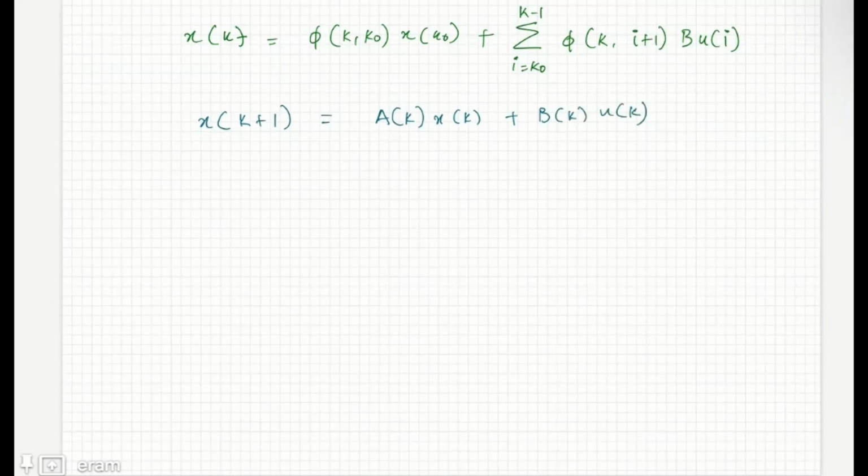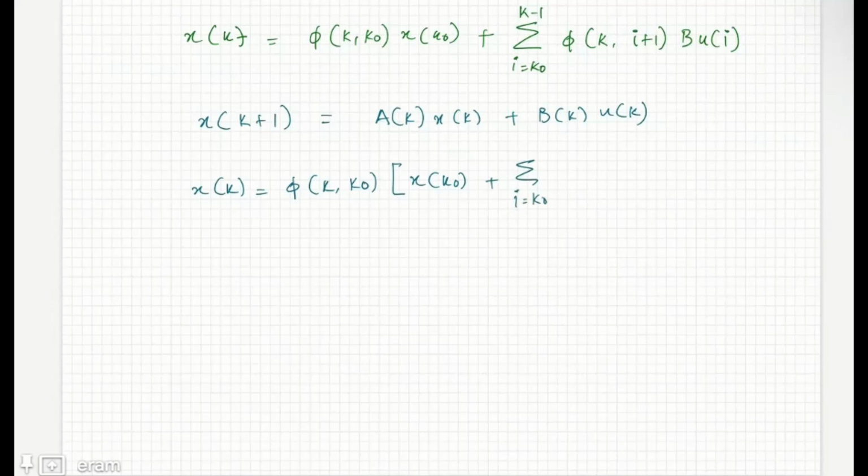In that case, this solution x of k is given as phi of k, k naught, x of k naught, plus the sum over i varying from k naught to, we are writing for k, so it is k minus 1, of phi of k, i plus 1, B as a function of i, and then u i.